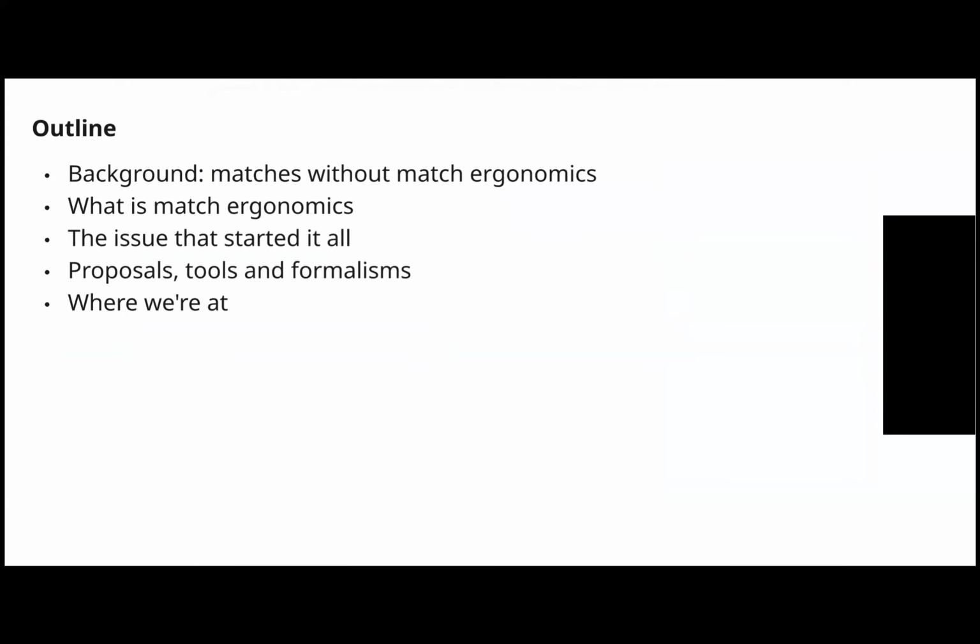And what happened about a year ago is that there was a particular issue where people were surprised about how it worked, which started a lot of discussion and a lot of design that made us rethink match ergonomics. And with lots of proposals and formalism, things happened over the last year in this area as well. I'll present some of it and explain where we're at for 2025.